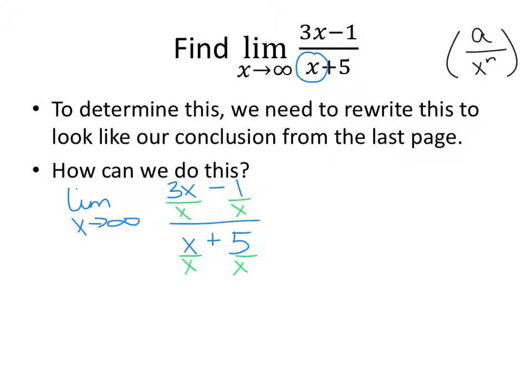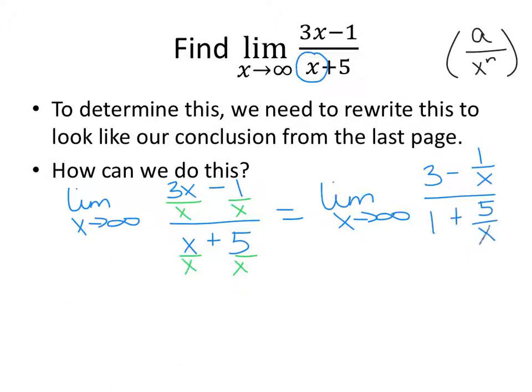Okay. And remember, I'm allowed to do this. When I take limits, I'm allowed to break them apart and take individual limits. So really, I'm taking the limit as x approaches infinity of 3 minus 1 over x over 1 plus 5 over x. So now, as I use my limit laws, as I take that limit, I'm plugging in infinity.